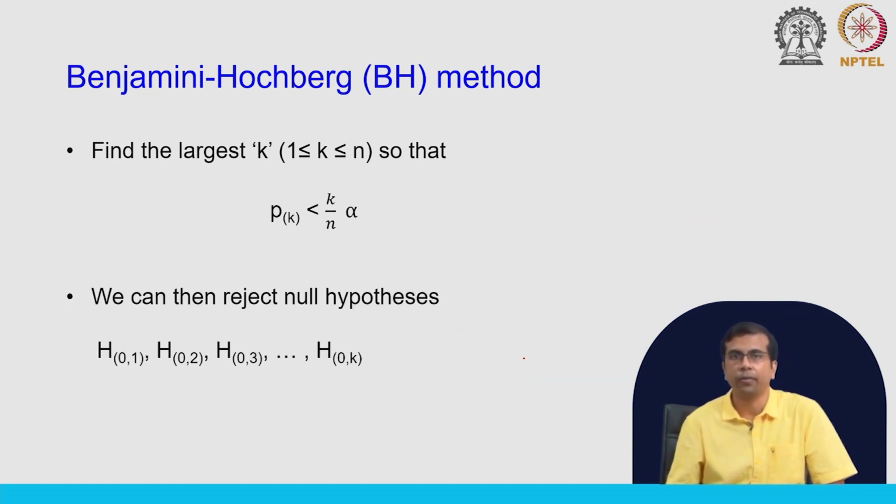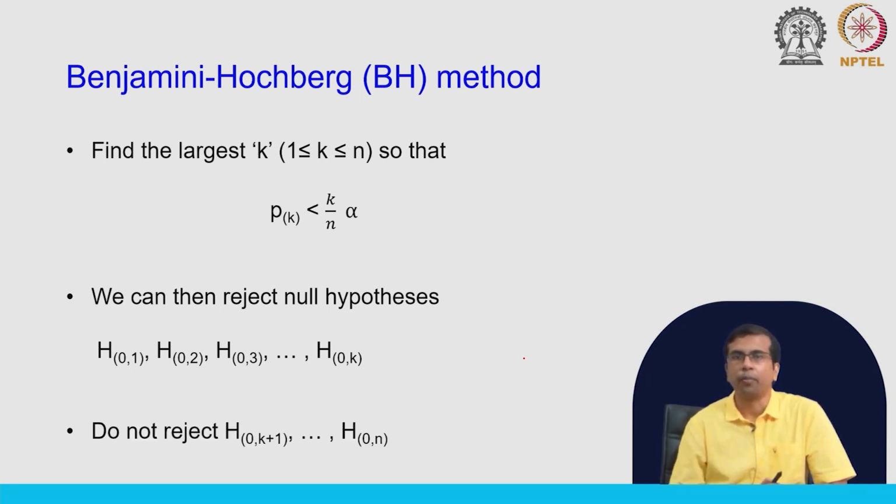What we can do now is reject the null hypotheses H naught 1 up to H naught k, which satisfy this condition, where they are less than the cutoff that is set for them. Again, the cutoff is adaptive, as you can see we are changing the cutoff based on the p values, and we do not reject the null hypotheses H naught k plus 1 to H naught n.